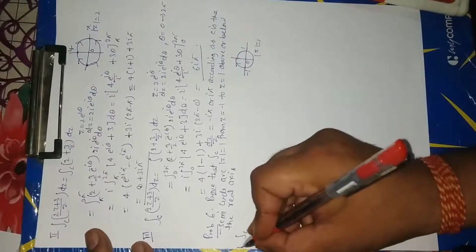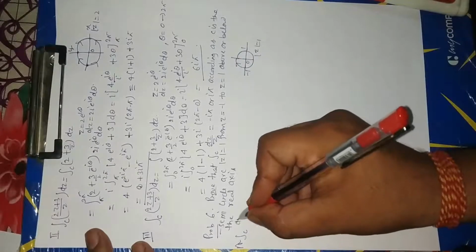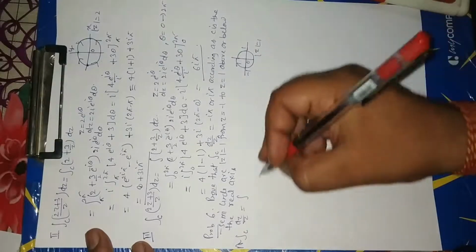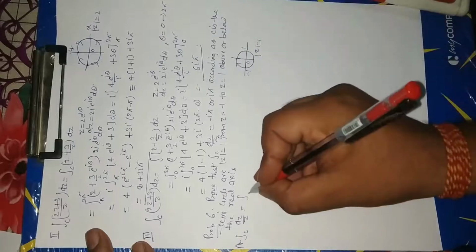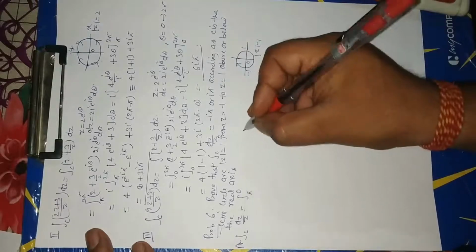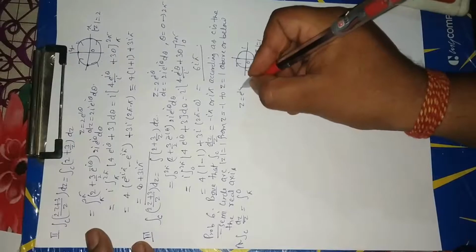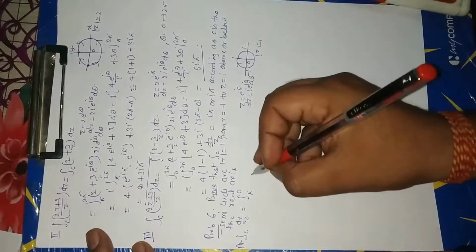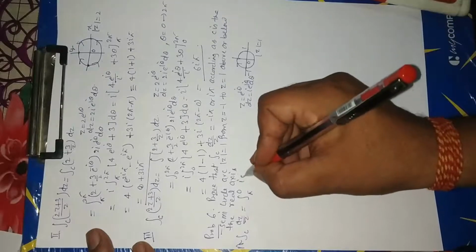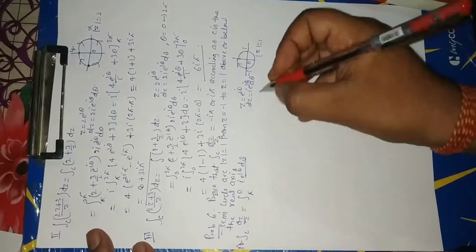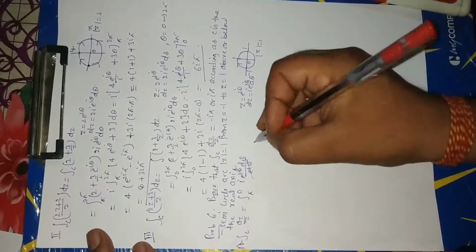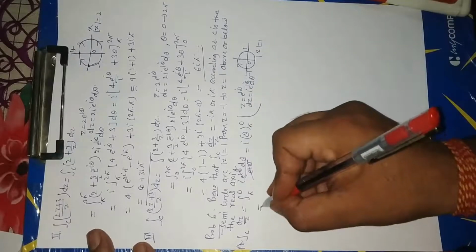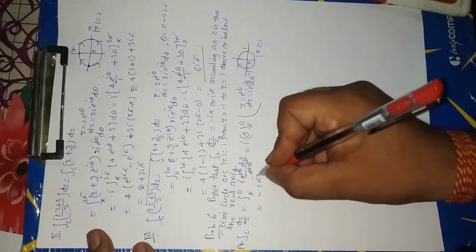Now the integral over C of dz upon z equals, with theta from pi to 0. Since z is equal to e to the power i theta, dz is equal to i e to the power i theta d theta. Now e to the power i theta cancels, and this is equal to i theta from pi to 0, which equals minus i pi.